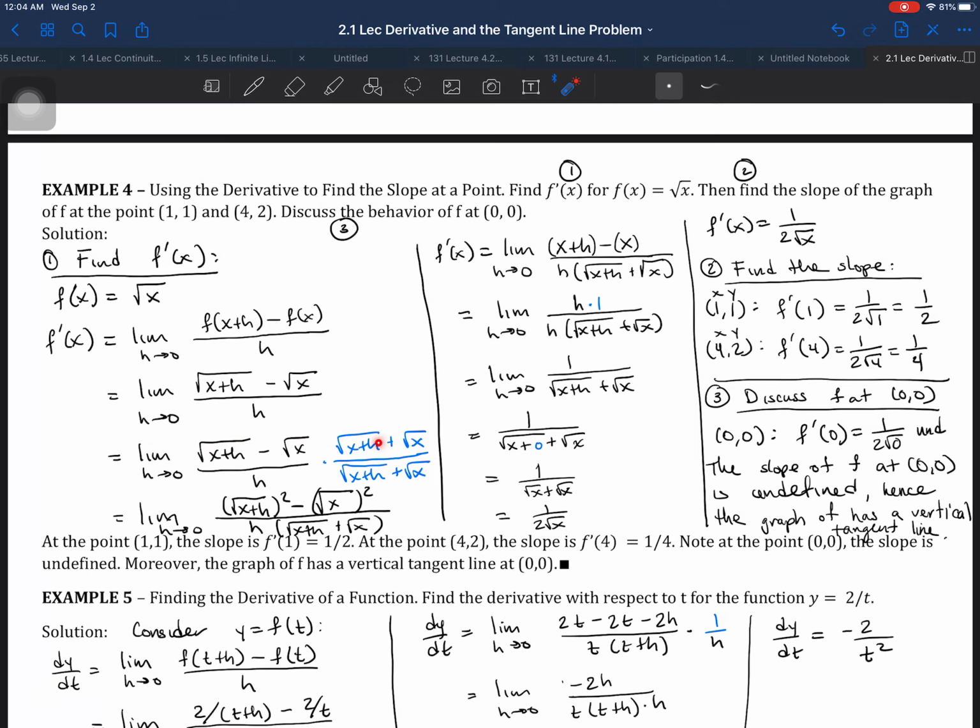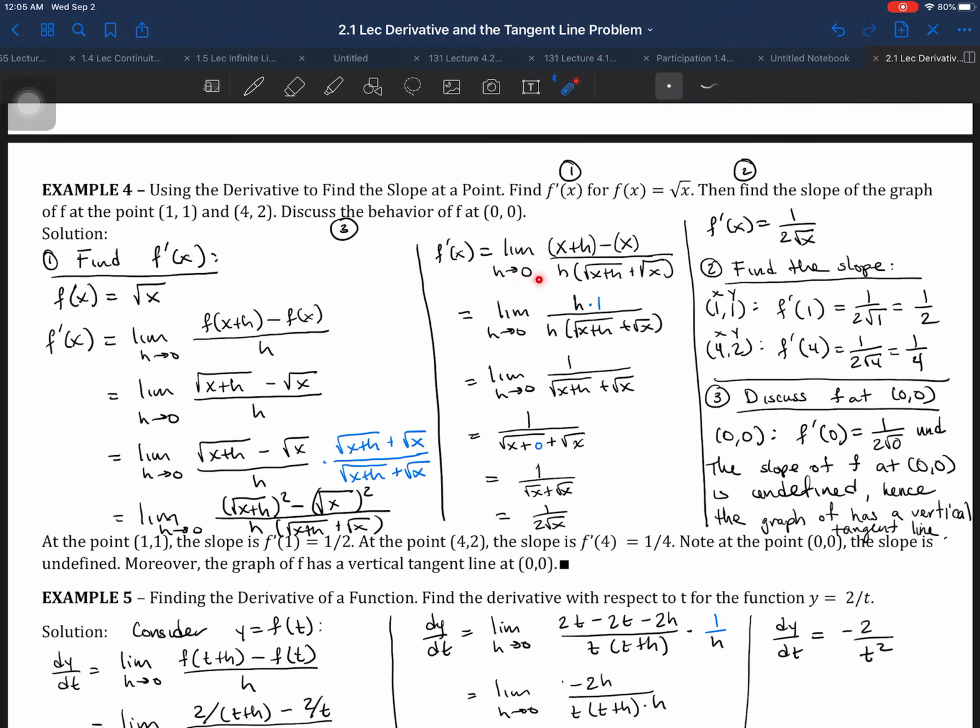When you multiply those two together, think about them as having parentheses around them because the fraction bar is a form of grouping. Using the difference of squares, that will give you the square of this minus the square of that, all over h times this quantity, so you have it down here as h goes to 0.